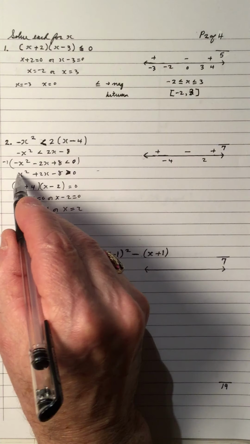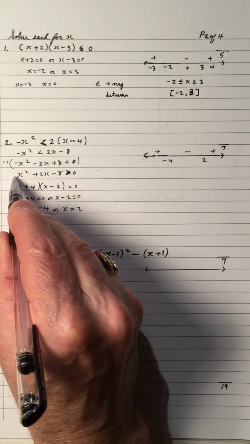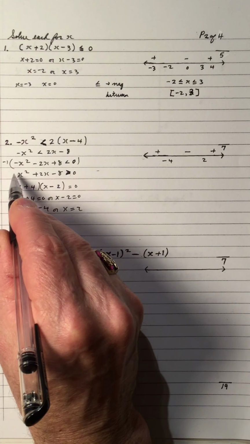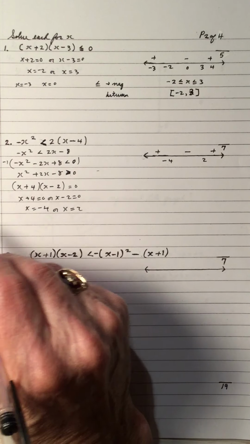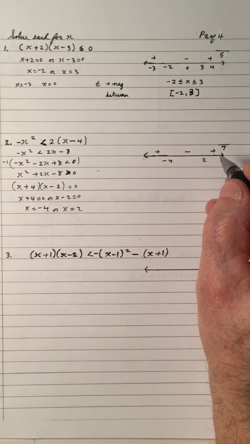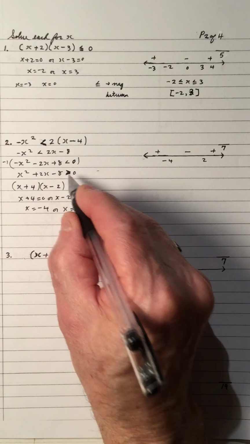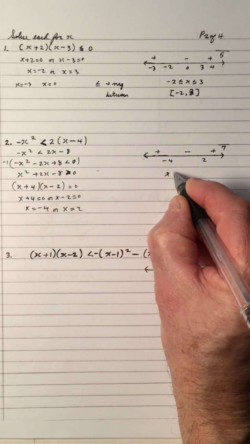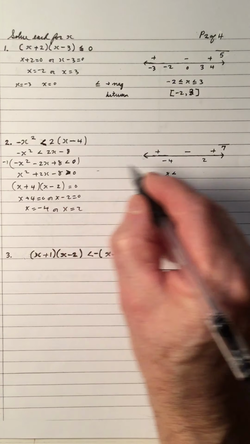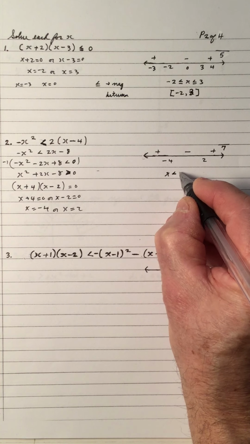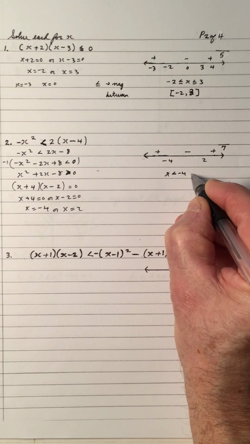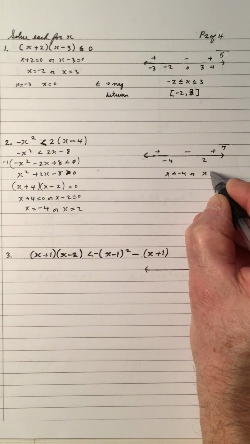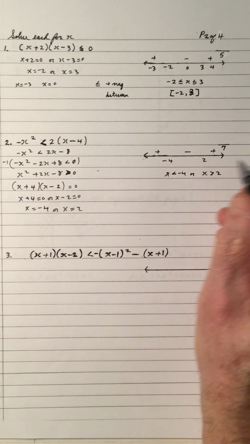This is true when the a here is a positive number, but it's not true when the a is a negative number; it's reversed. So we want greater than, so x is less than negative 4 or x is greater than 2.